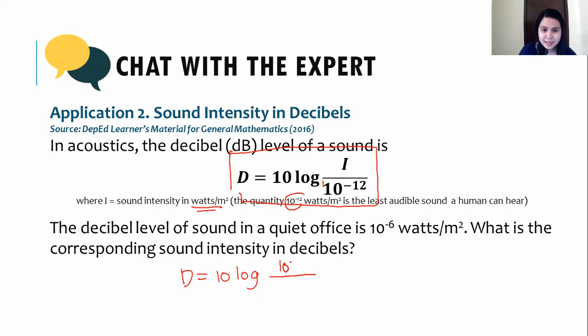That's 10 to the negative 6 over 10 to the negative 12. You can solve this one time using your calculator. And the answer is 60 decibels.